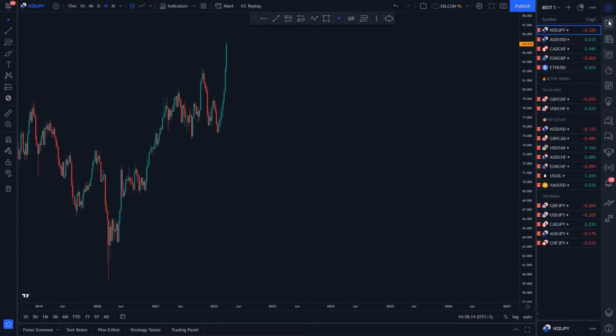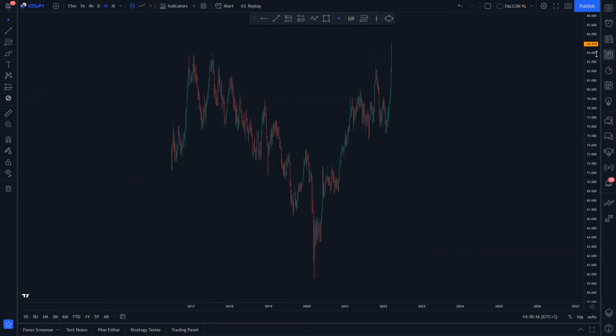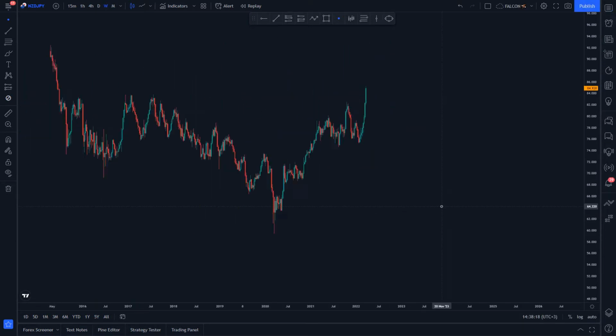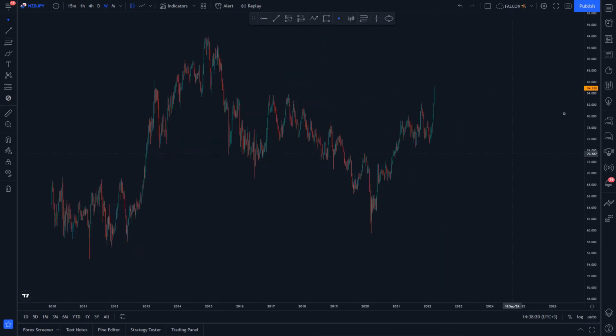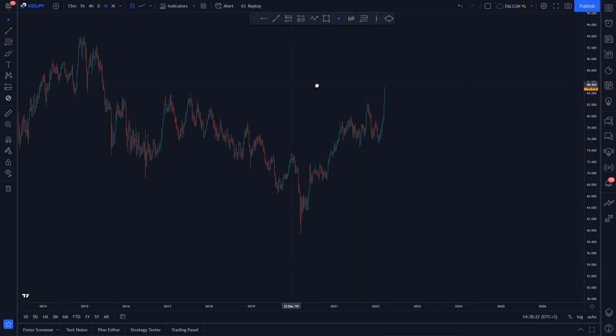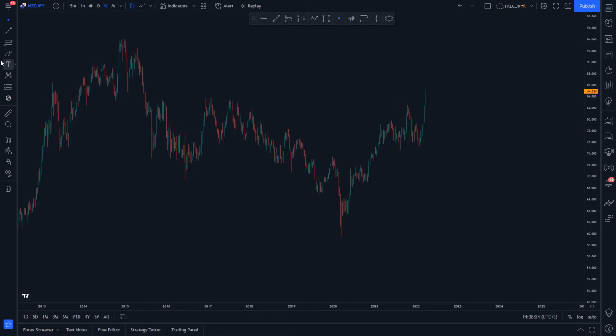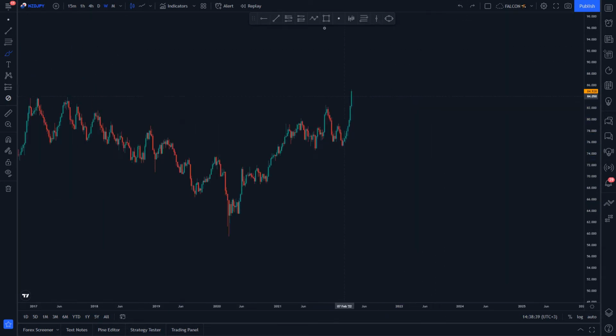Okay, so first we'll start with the Kiwi Yen. As you can see, we had the first push to the downside, then another push to the upside and a deep correction, then another push. So currently we are at an expanding type of channel over here, which I'm seeing is coming to an end.